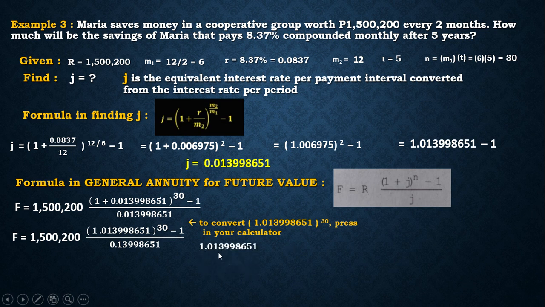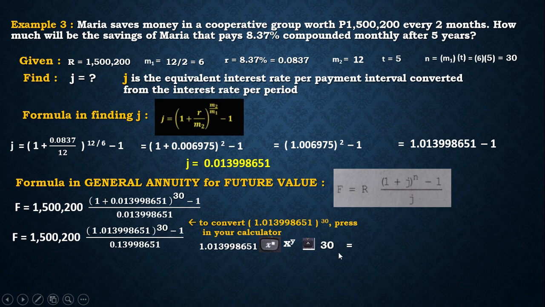Una, 1.013998651, pindutin sa calculator. Okay, tapos etong symbol na to, or eto. Again, kahit isa lang po dyan ang pindutin nating symbol. Ibig sabihin yun, we will be having the exponent. After pressing one of these symbols, we have to press the exponent 30.